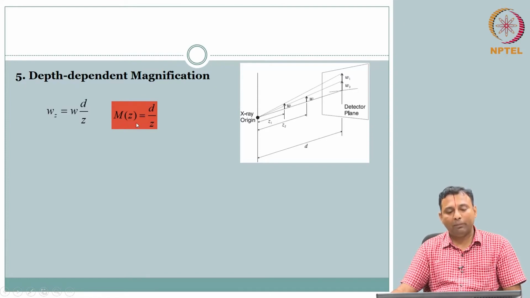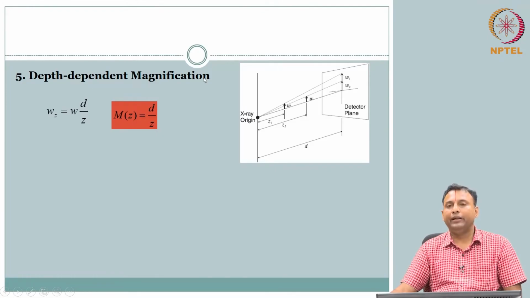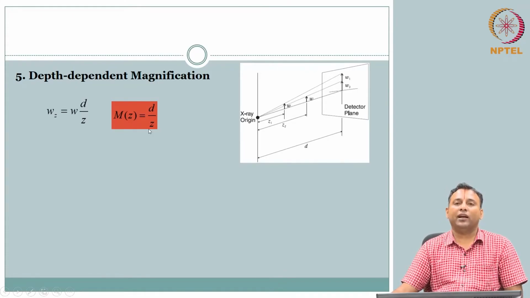Oh, this is depth dependent. Depth, in our XY is our imaging plane. So, Z is your depth direction in this schematic, and so M of Z is your D by Z. Make sure that you carefully register that this is capital M of Z, which is a depth dependent magnification. We will quickly have another magnification that we will talk about, do not get confused.